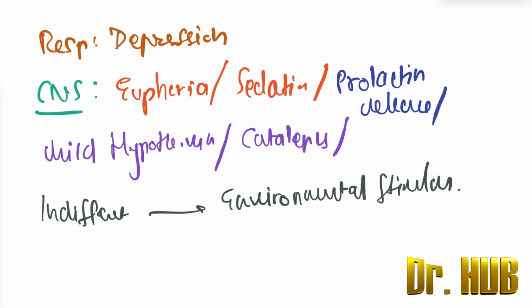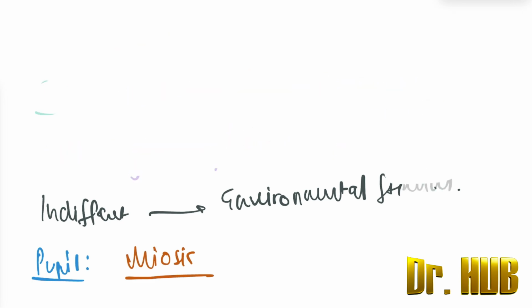So we saw euphoria, sedation, prolactin release, mild hypothermia, catalepsy, and indifference towards the environmental stimulus. This is about the CNS. Then when you look at the pupil, this is only about the mu receptor. The pupil will show miosis. Miosis refers to the pinpoint pupil.